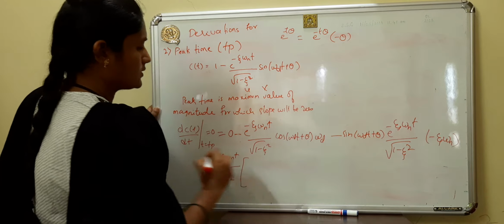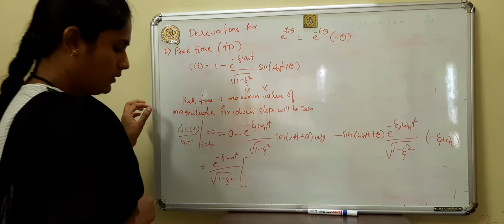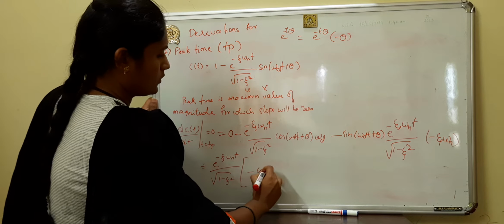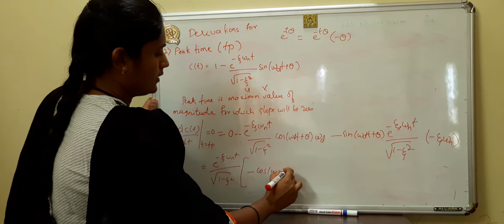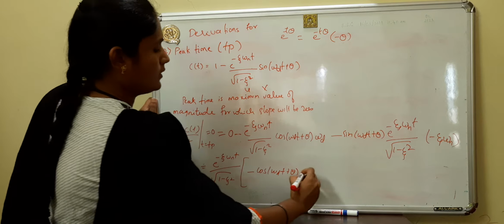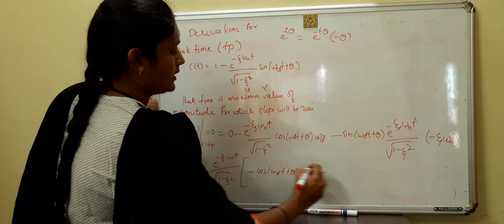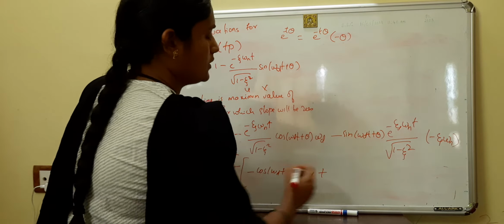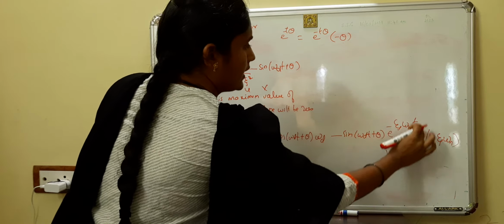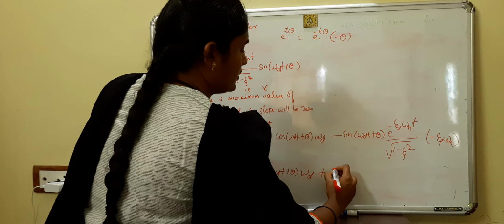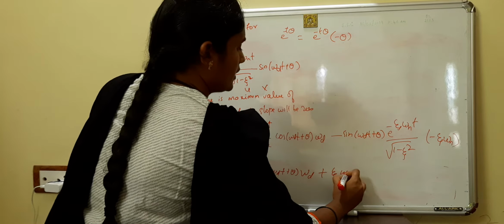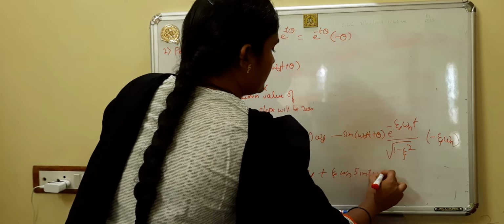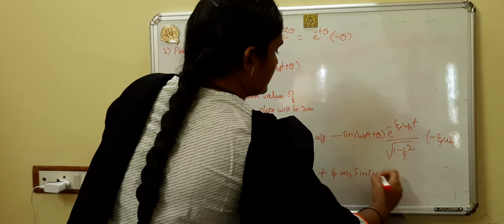If we take that as common, minus cos of omega d t plus theta into omega d will remain, and minus into minus will be plus, so zeta omega n will be taken and sin of omega d t plus theta.